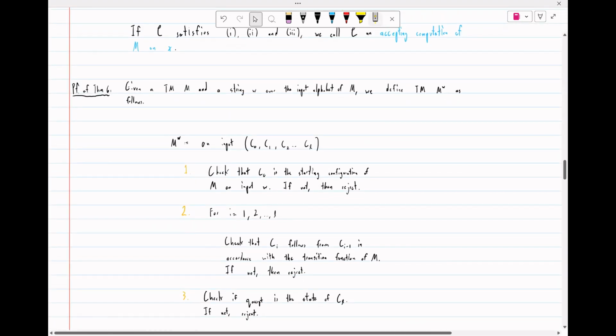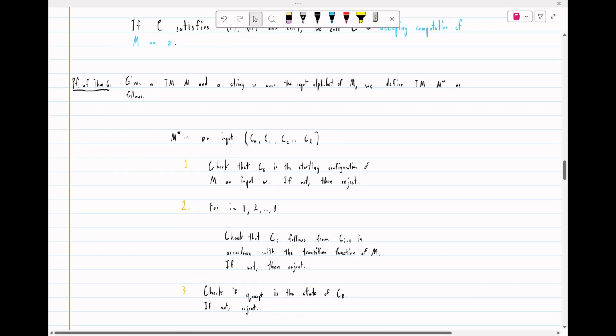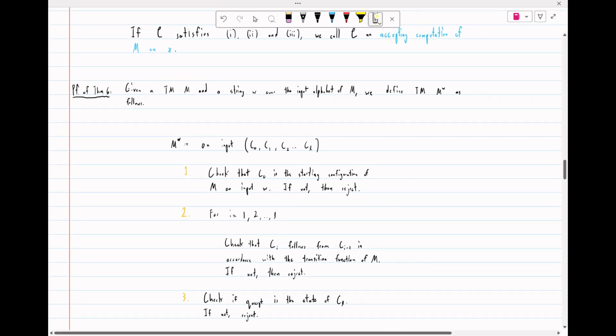So we can check in step 2 to make sure all of our configurations follow one after the other. And that just leaves checking the final condition in step 3, which is that the state of CL is q_accept. If it isn't, then we reject. So do we all agree that this Turing machine has a non-empty language if and only if M accepts W?